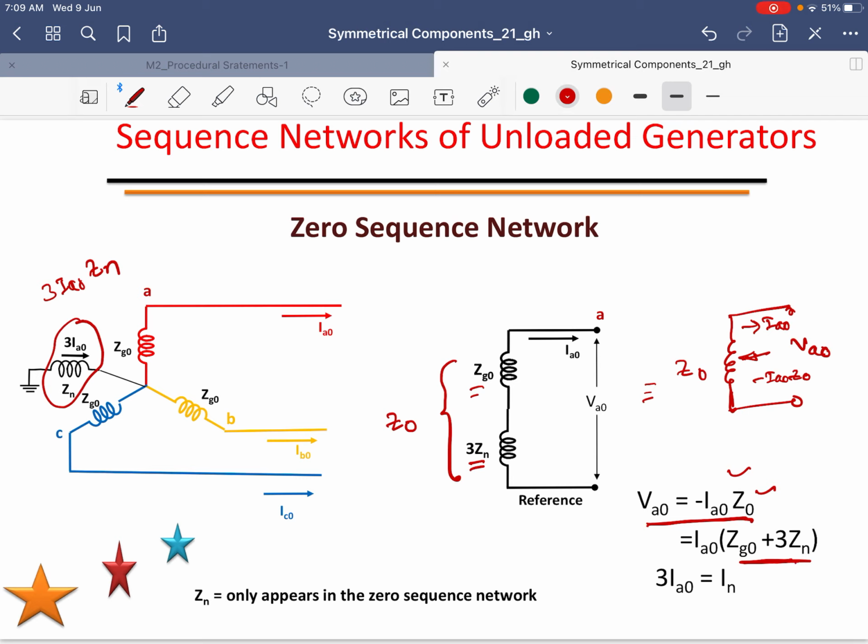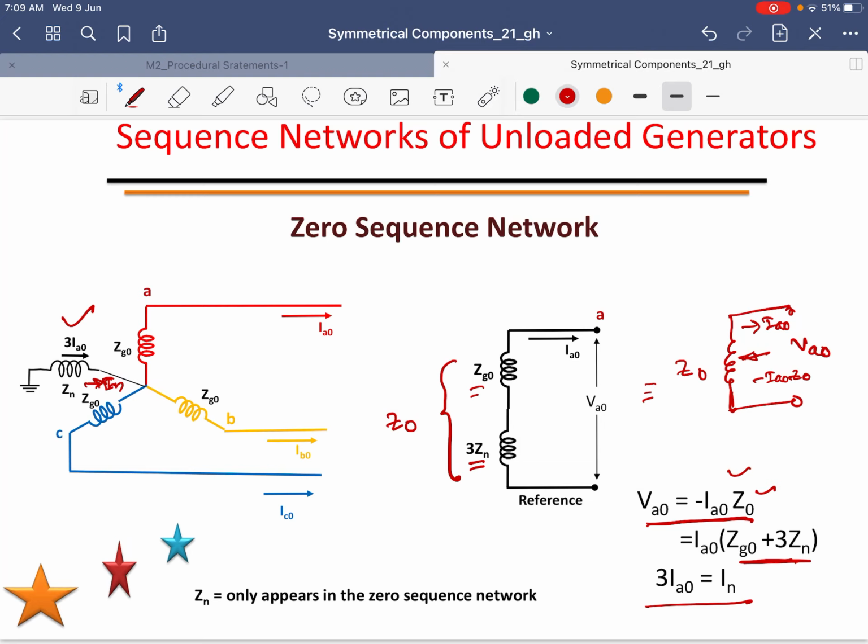Another observation is that the current flowing in the neutral, in the ground wire, is called IN. That is, IN is nothing but 3 times I0, so 3 I0 is equal to IN.